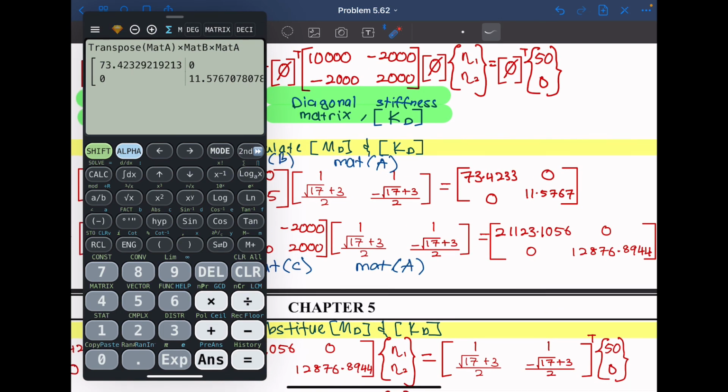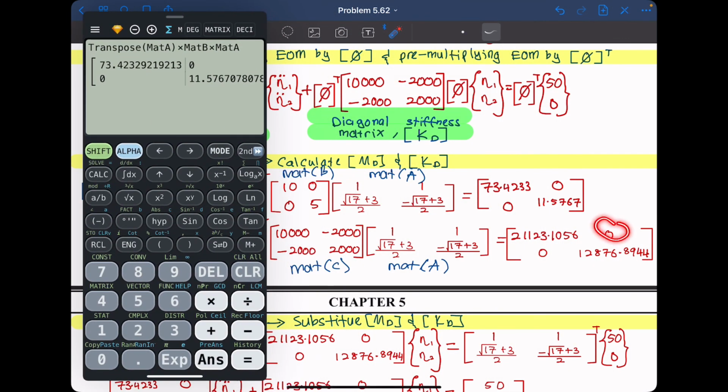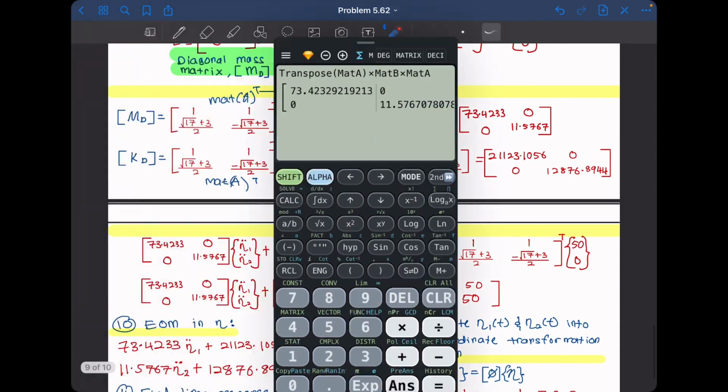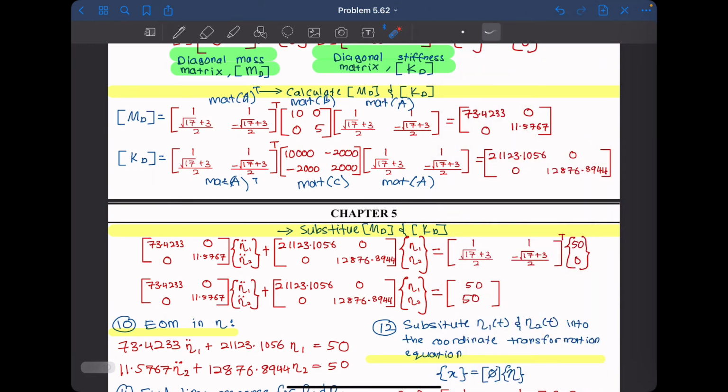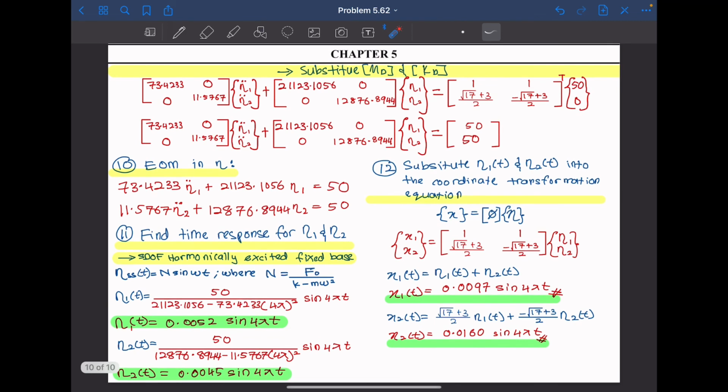You do the same thing for the stiffness matrix and you'll get exactly 0 also. But don't worry, whether you use the surd form or the decimal places, you'll still get the same value. All right, that's the full explanation on how to do modal analysis.